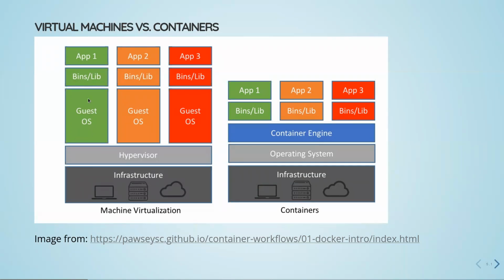But then this is the important part. Okay, I have to install the whole operating system, which basically means, at least for this talk, I have to install at a minimum the kernel. And with this, I can install different operating systems. So for example, this one could be a Linux system, this could be a Windows system, etc.